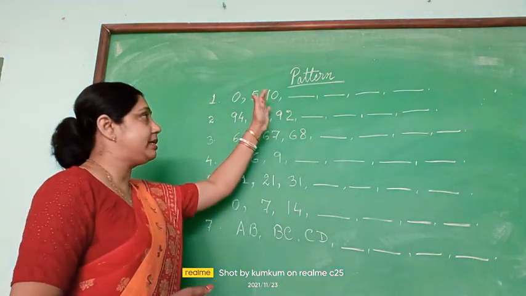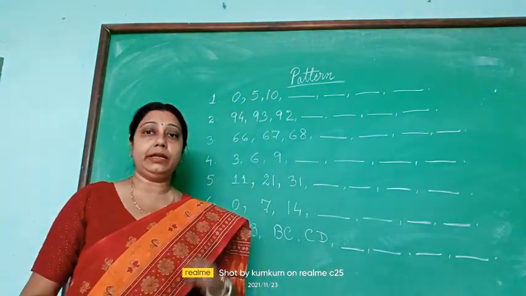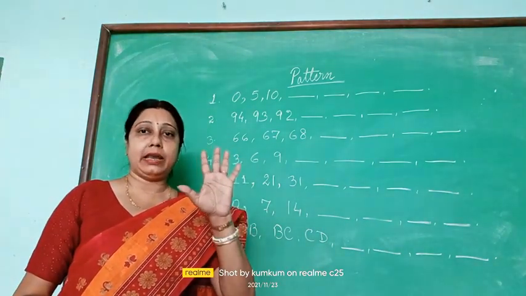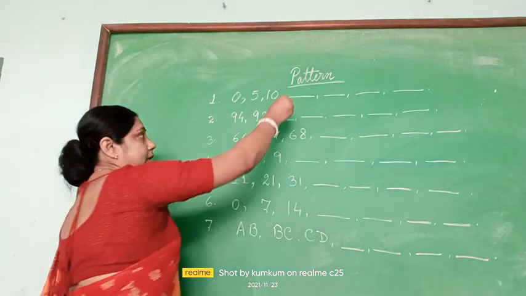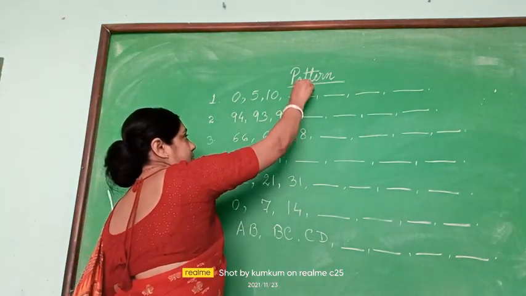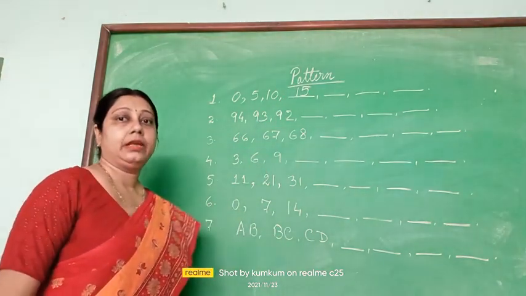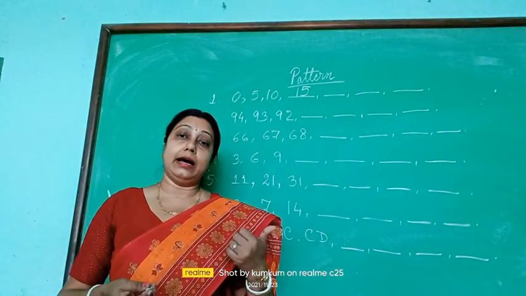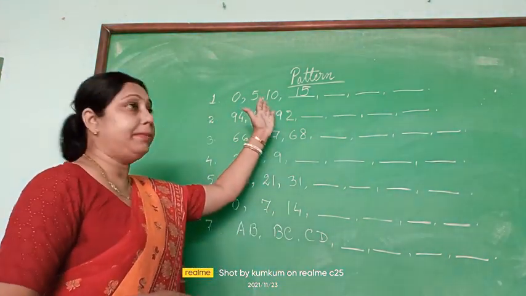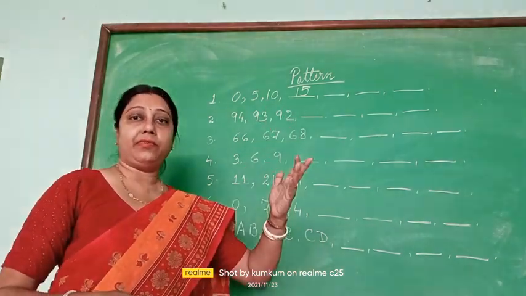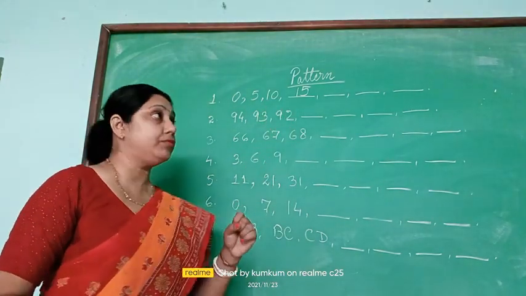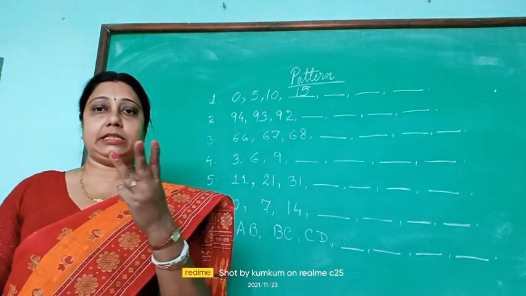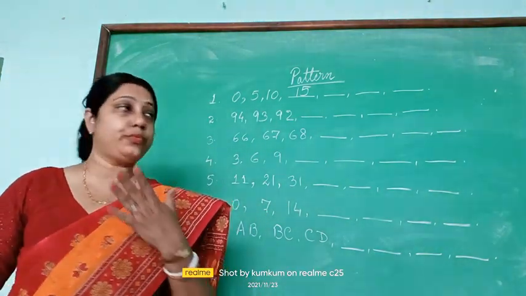So now after 10, start counting 11, 12, 13, 14 and 15. That means here I am going to write 15. Now after 15, again you skip in 5s. Otherwise you can read the table of 5 also, that means skipping in 5s, or you straight away go on counting. After 15, 16, 17, 18, 19 and 20.